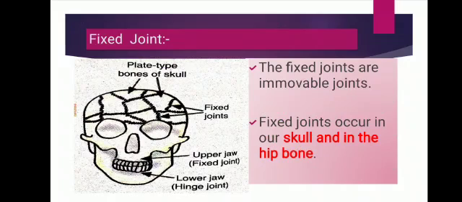Fixed joints also occur at the hip bone, and the fixed joints between the various hip bones make our hip very strong. The hip bone is also connected to the backbone by a fixed joint.